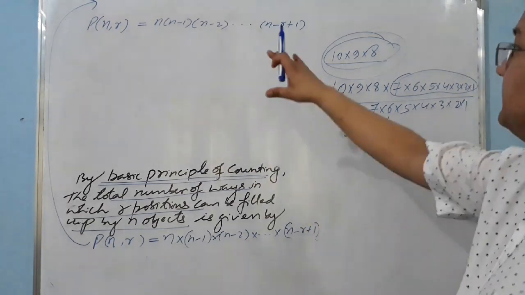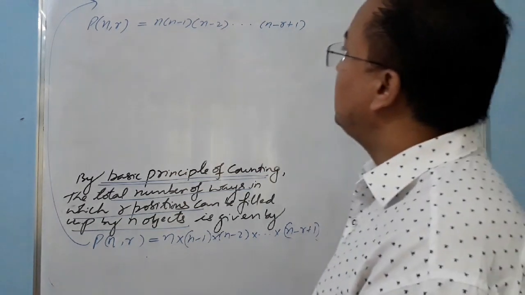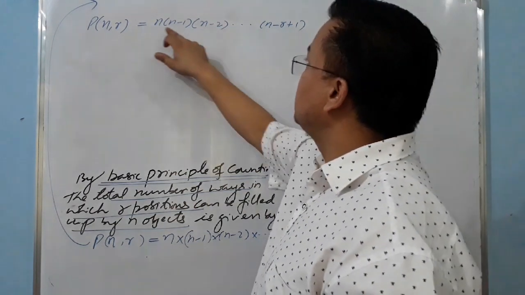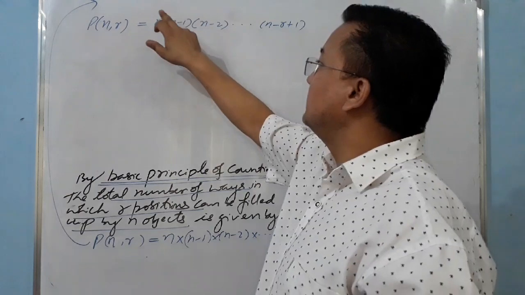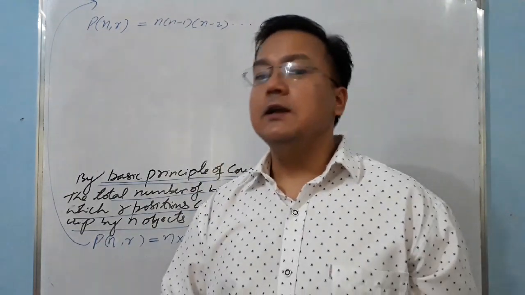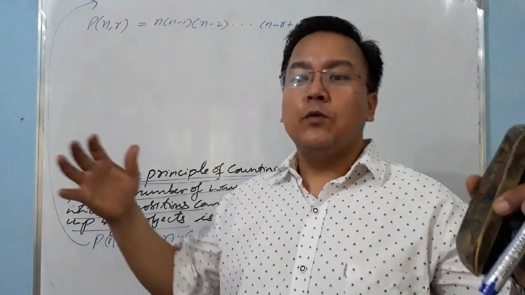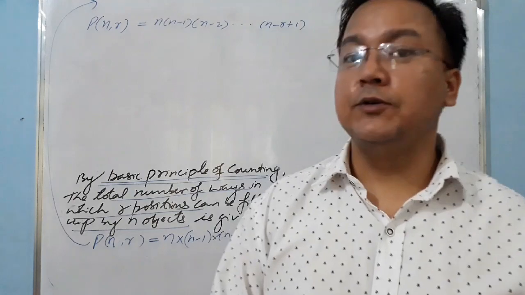The same concept we have to use here. Since this expression starts with n, it will definitely come as n factorial. If you want to write n factorial, we need to write the product of the first n natural numbers.